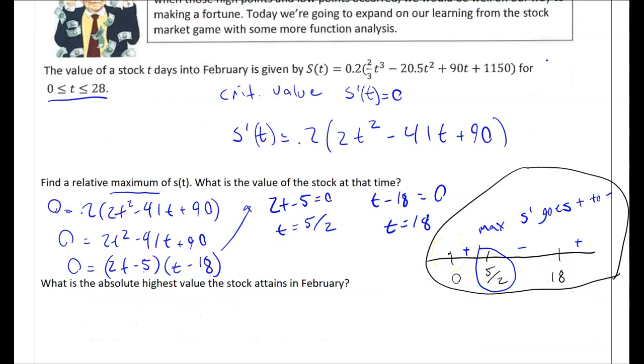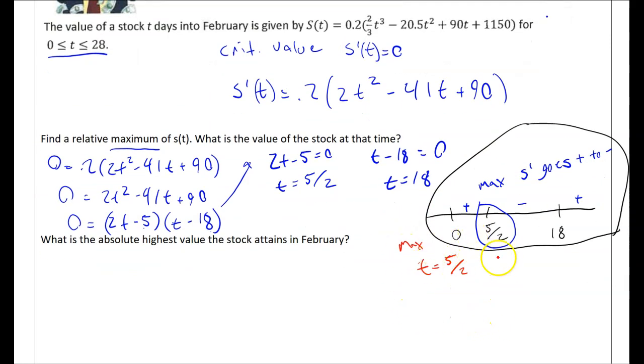And then the value the stock obtains at this time, well, that's going to be s, right? So t equals 5 halves is my max. And then s of 5 halves would be this s, right?